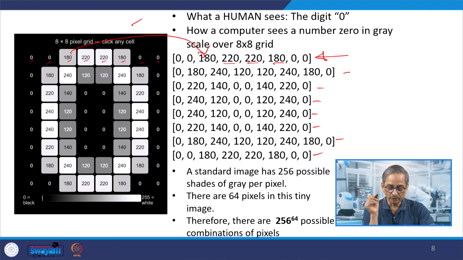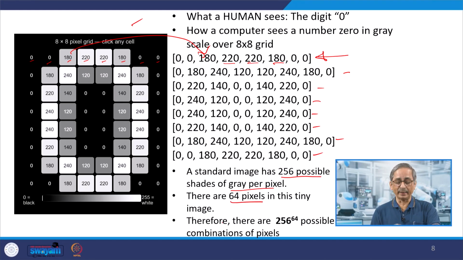So, a standard image has 256 possible shades of gray per pixel. Here 1 pixel can have a value from 0 to 255 because there are 256 possible shades. And in this 8 cross 8 grid we have 64 pixels.